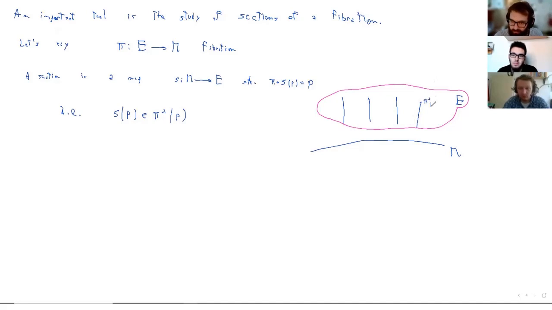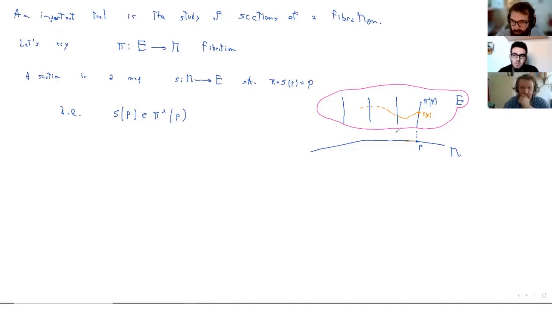So this is like π inverse of P, and this goes to a specific point P. And a section is basically a function from M to E, and over every point, you choose a specific point of the fiber. You choose one. This is your S of P. And then you move. So as this is moving, this is also moving.